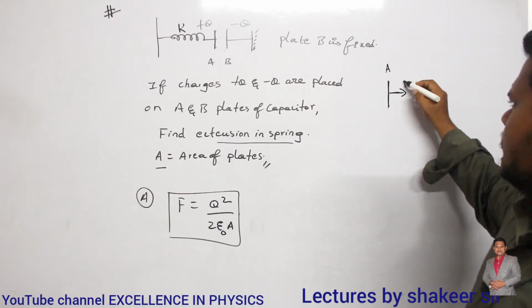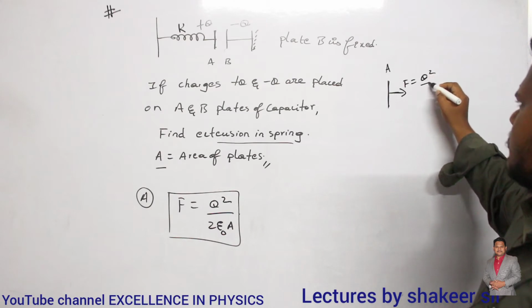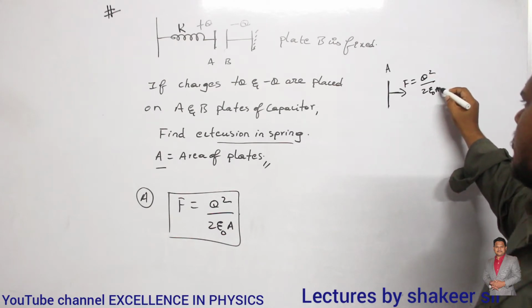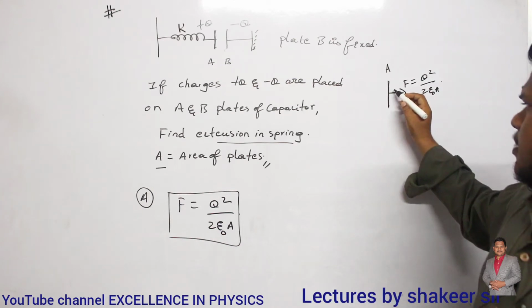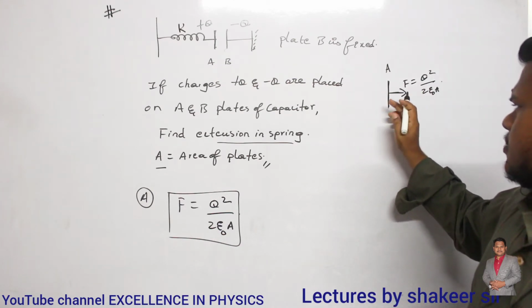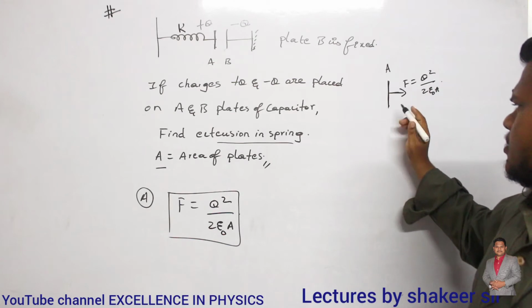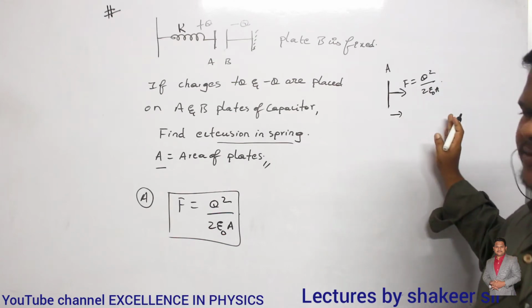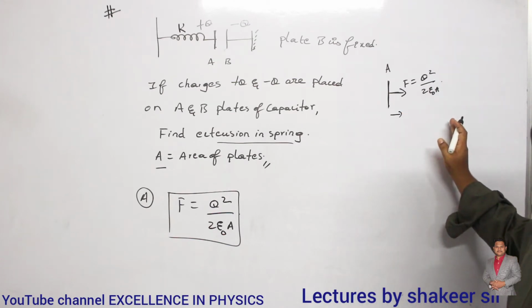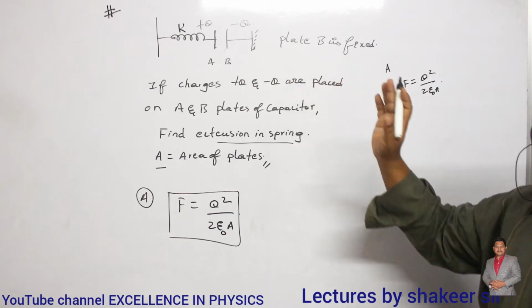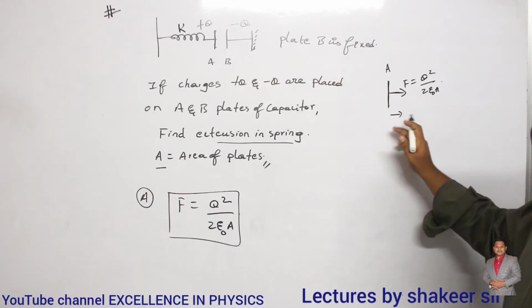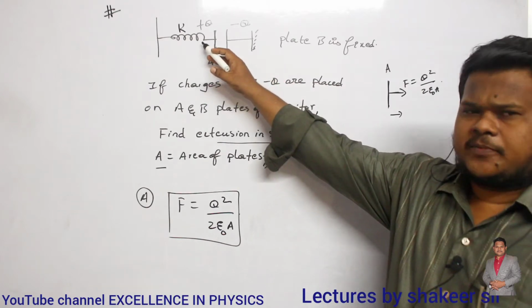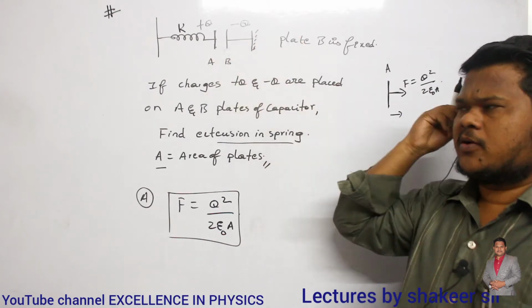Force of attraction will be F equals Q square divided by 2 epsilon naught into A. This is the amount of attraction. Clear? Similarly, when plate A starts movement in this direction, why does it start movement in this direction? Because there is force of attraction between the plates. So when it starts movement in this direction, this spring is going to be elongated.